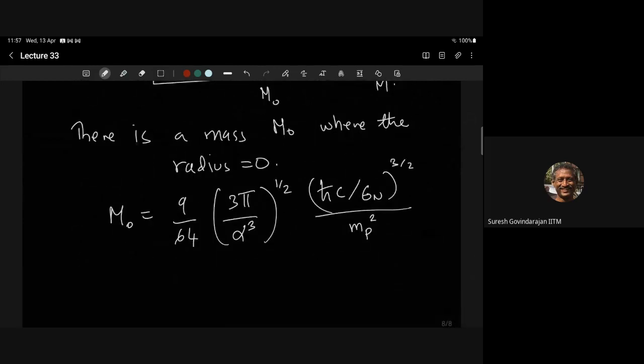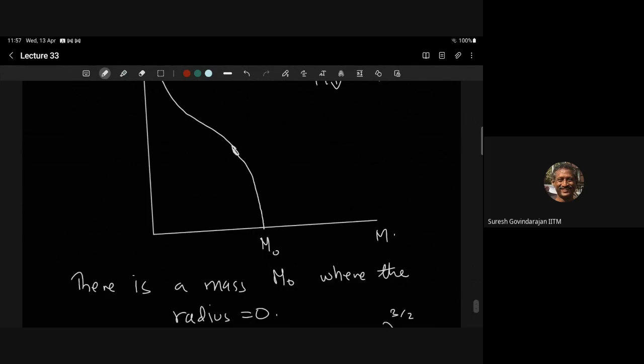But what it says is that, if you look at this thing, for m greater than m naught, there is no white dwarf.